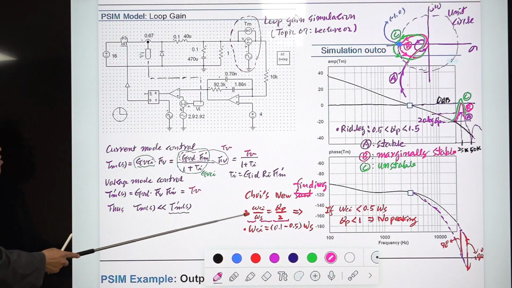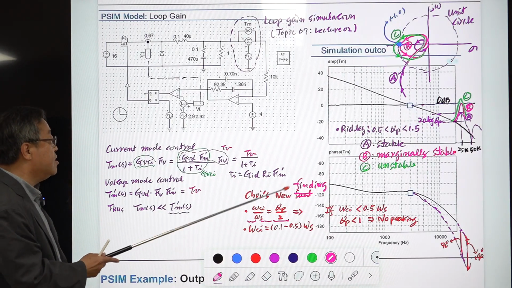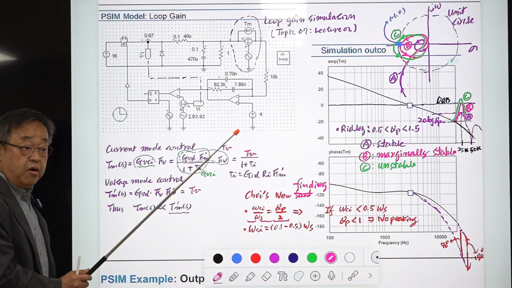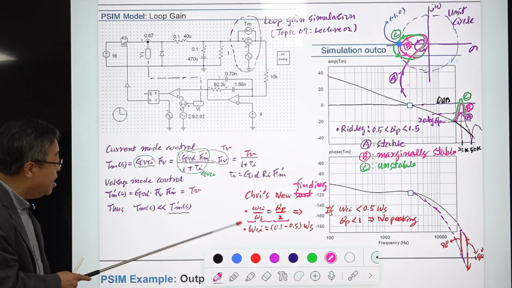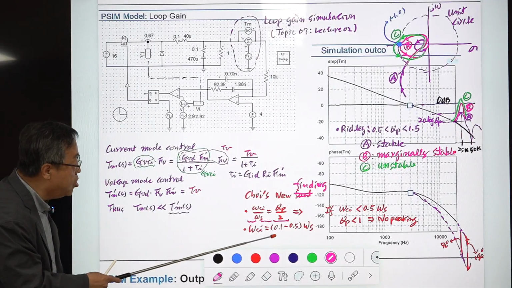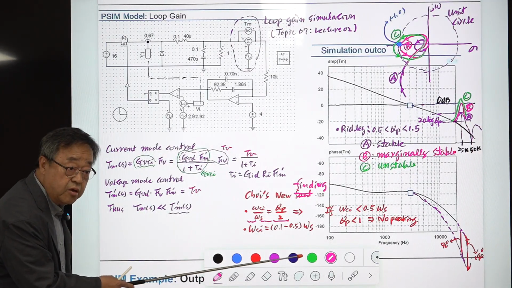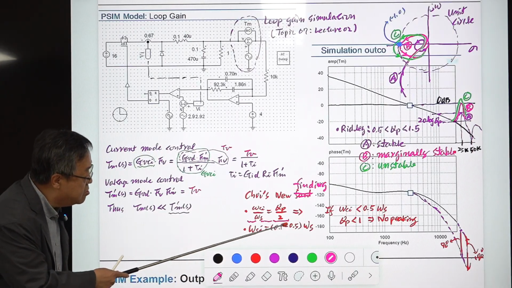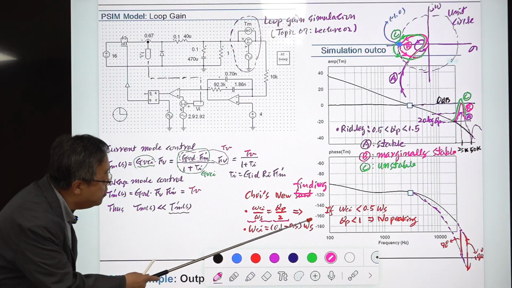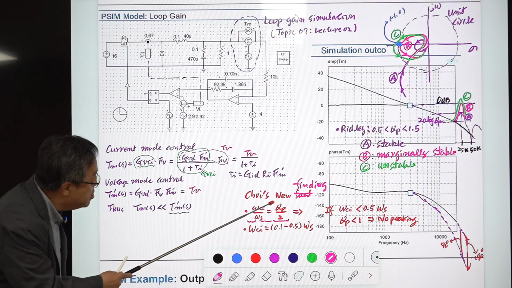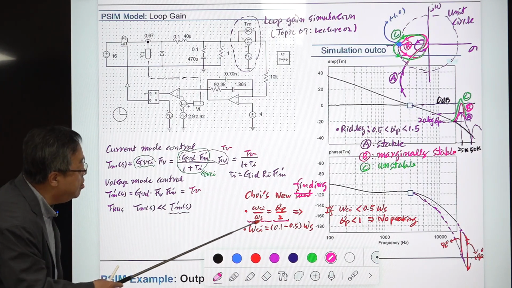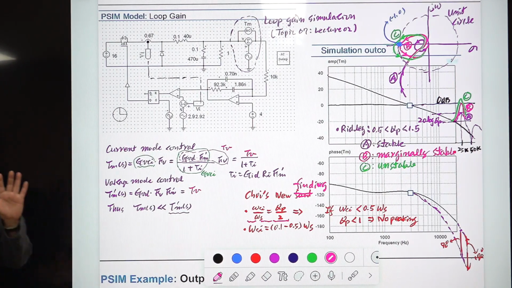The recommendation in the classical model by Dr. Fred C. Lee was this one: 0.1 to 0.5 of the switching frequency. So this is his recommendation, and this is my finding. This relationship is an exact relationship.